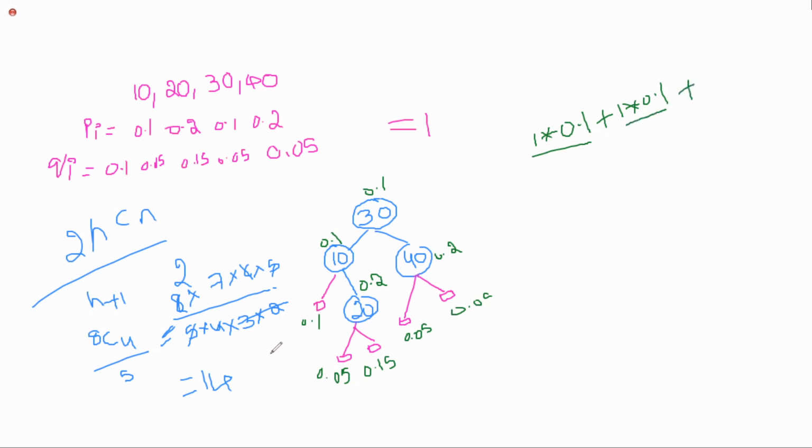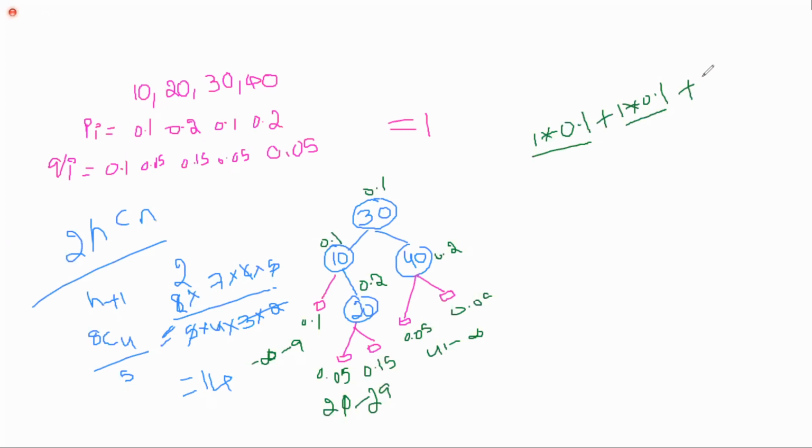When will you get this? When the values are between minus infinity and 9. Minus infinity to 9 means all those nodes will come here. Between 20 and 30, the nodes are 21 to 29 because 30 is there. Next here all the nodes are 41 to infinity. These are the nodes, so 1 into 0.1 for unsuccessful also.